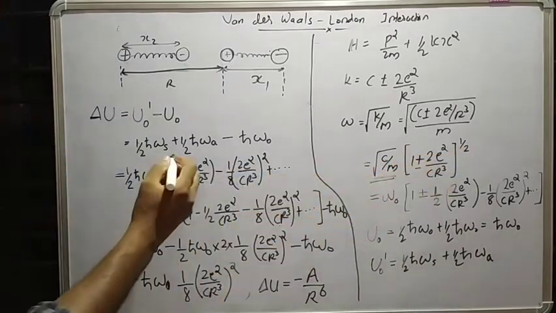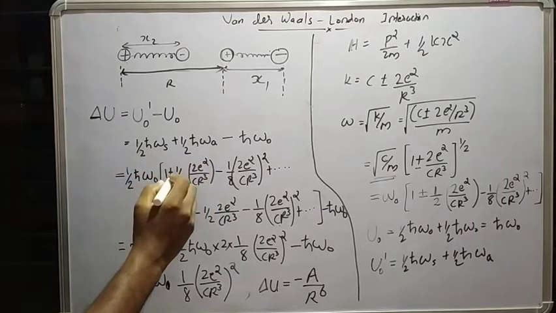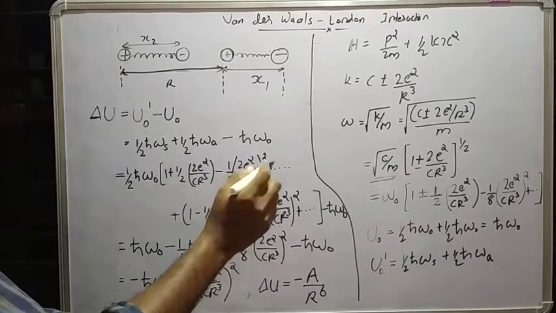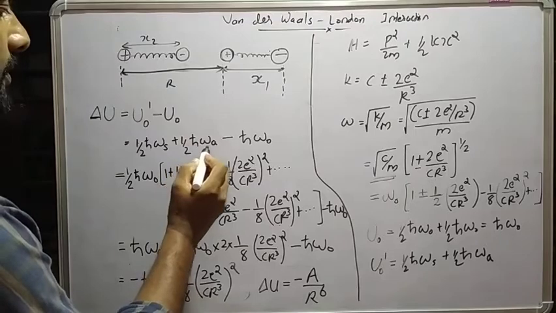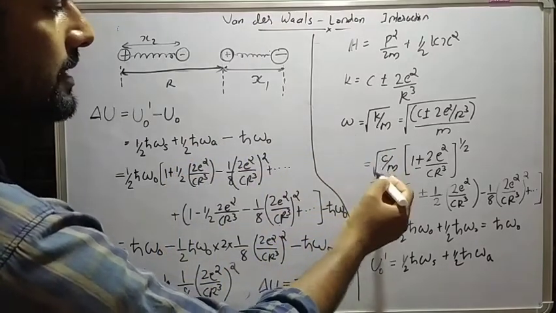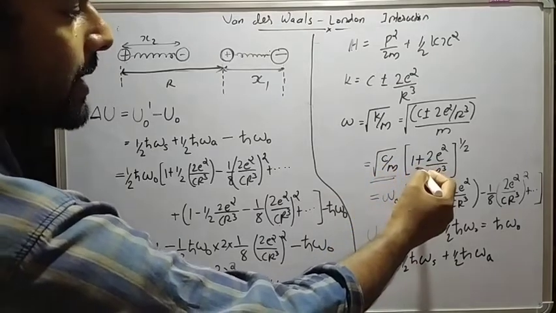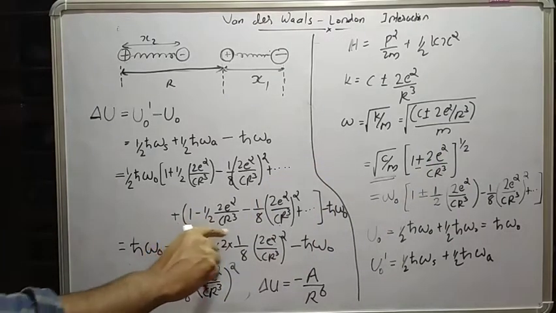When I expand this, I get half h cross omega naught into 1 plus 1 by 2 times 2e square over C r cube minus 1 by 8 times (2e square over C r cube) whole square plus so on. And plus half h cross omega a, where the anti-symmetric frequency is omega naught into 1 minus 2e square over C r cube whole raised to 1 by 2, and when I expand this I get the corresponding terms.